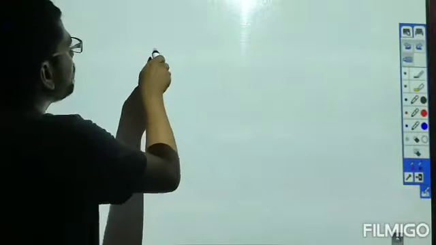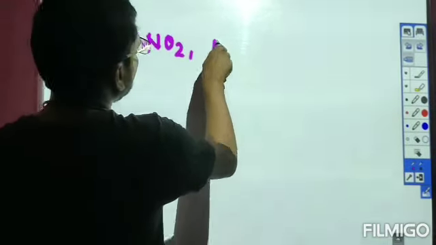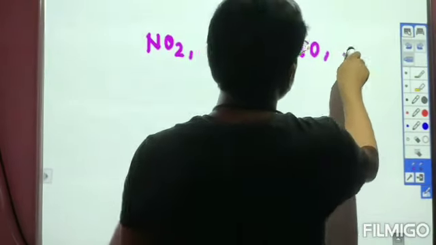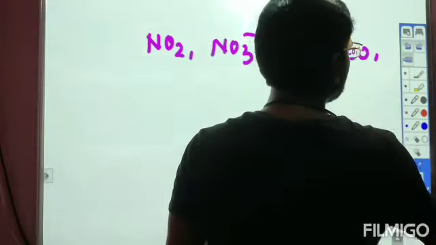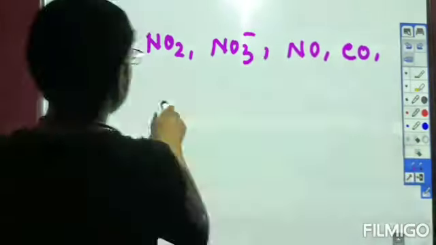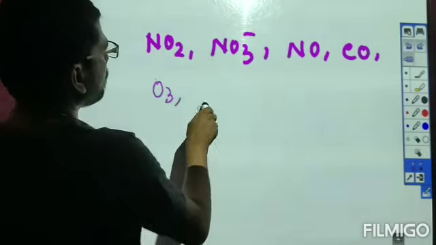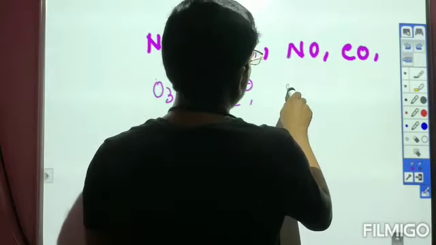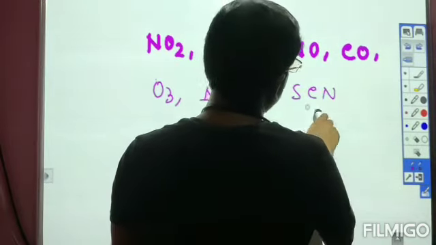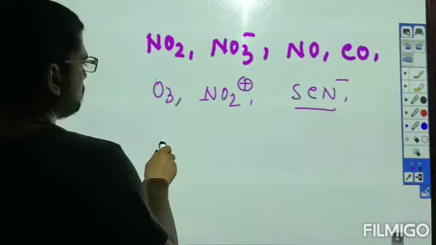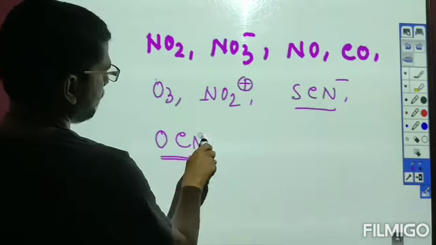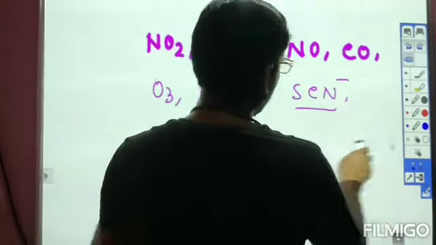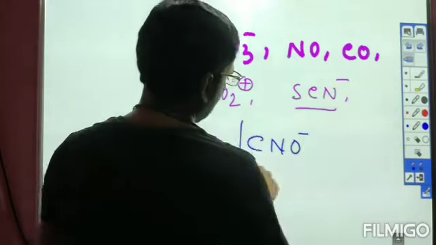Next time we will discuss the Lewis structure of NO2, NO3 minus, NOCl, O3, NO2 plus, SCN minus thiocyanate, OCN minus isocyanate, CNO minus. CNO is a very important structure.